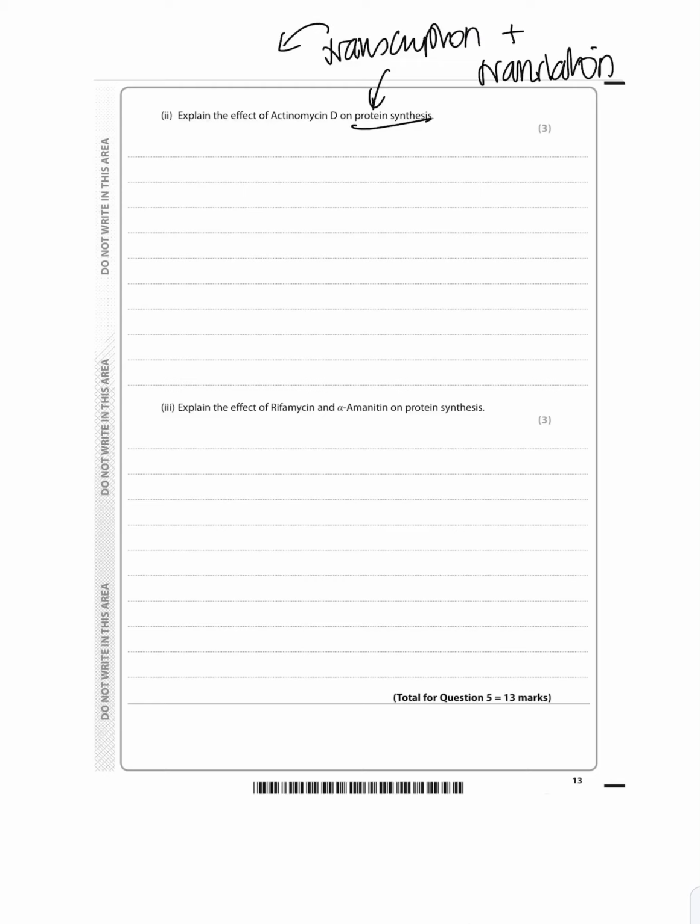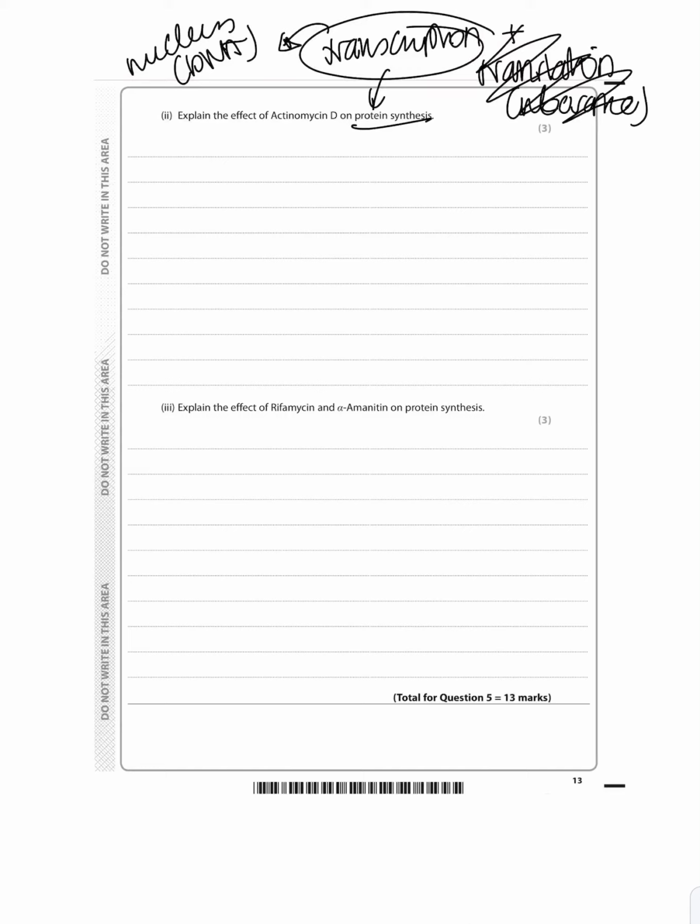And transcription occurs in the nucleus, the DNA, and translation occurs in the ribosome. And since this is talking about DNA, we know that they're talking about the transcription bit of protein synthesis.